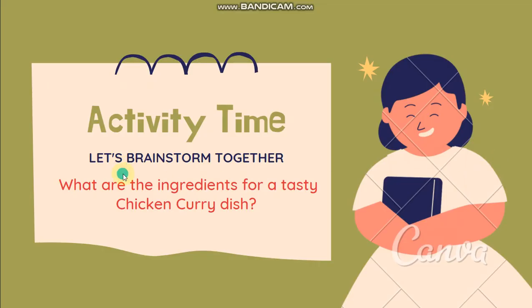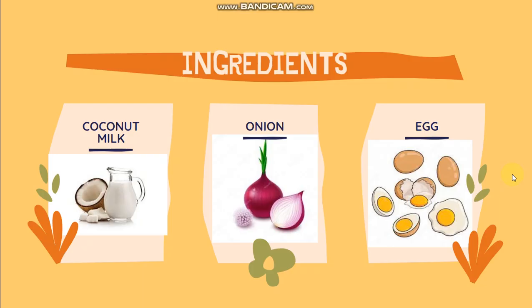Activity time. Let's brainstorm together. What are the ingredients for a tasty chicken curry dish? Have you done a chicken curry dish before? Alright, let's brainstorm together. Okay, here are the ingredients that we usually use in a Malaysian dish.